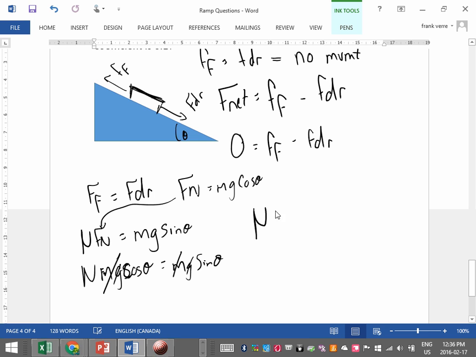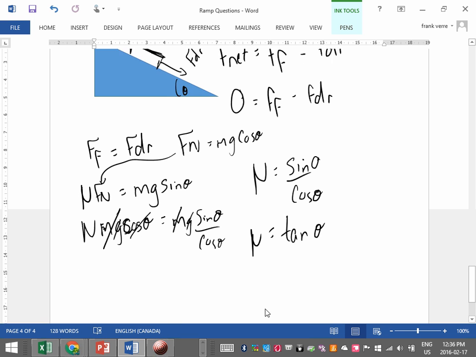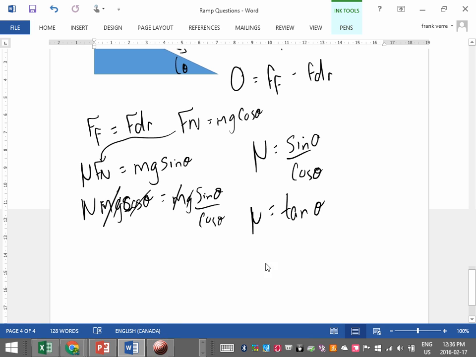So then mu is actually just a function of sine theta, because we can cancel the cosine theta and move it over here. It's just sine theta over cosine theta. And what's sine theta over cosine theta? Aha. Tan theta. So guess what? What's mu? Mu is 0.1.